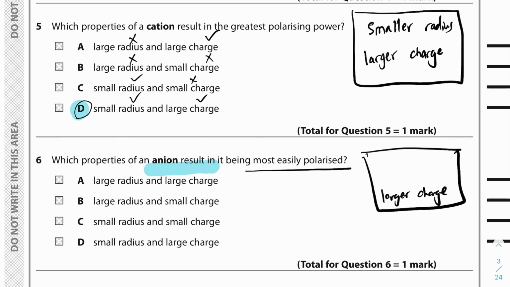But instead of having a small radius like we had for the cation, we're going to have a large radius. So we want large radius and large charge, that's A. And we don't have to look at the other choices.